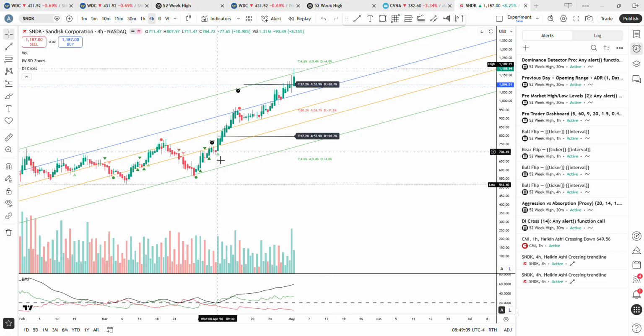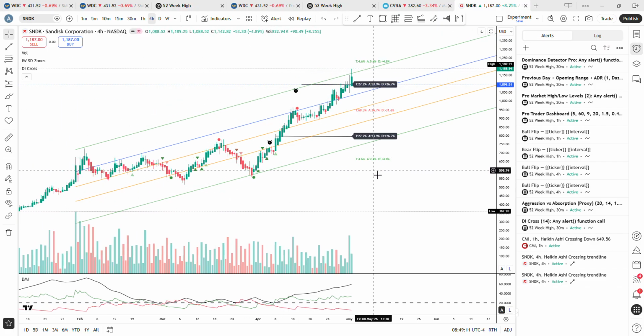Look at it here. It spent 9.4% of its time against the theoretical 4.6%, which means it spent more time at this level. Look at the reversal, then the DI cross. And then from here to here, from 576 to 1182.